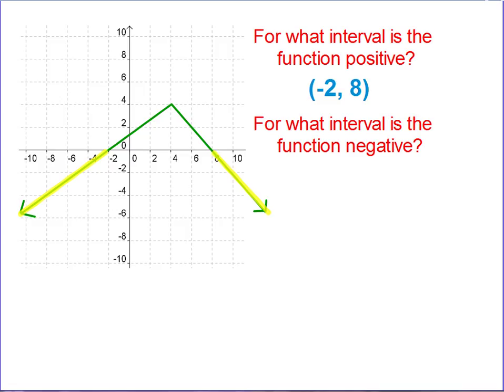We have a left section that extends from negative infinity to negative 2, and a right section that starts where x is 8 and goes all the way out to where x is positive infinity. When I write my two intervals, I have to include both, not forgetting to put the union symbol between them.